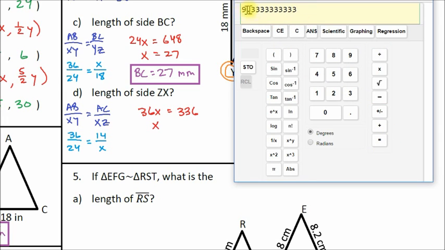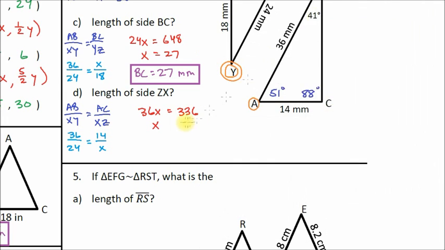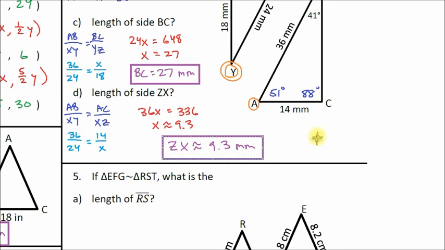We're going to round this to one decimal, 9.3. So it's approximately 9.3. And then we can write our answer. ZX is approximately 9.3 millimeters. And there's your good examples of how to use proportionality statement and the similarity statement to find missing parts.